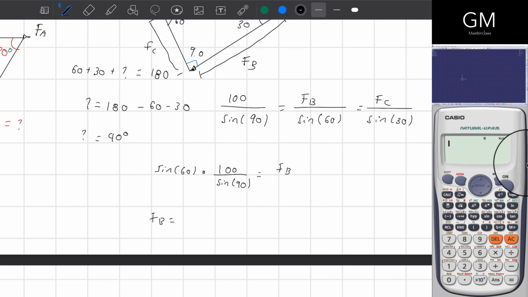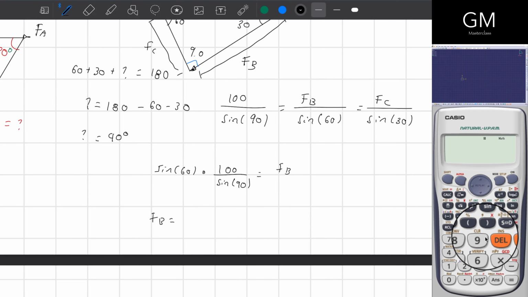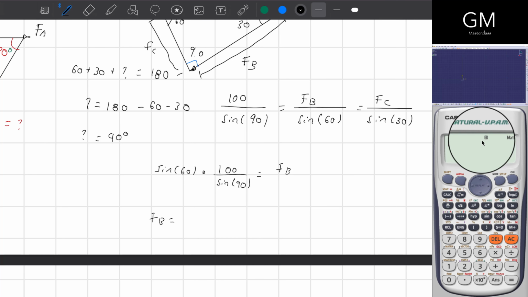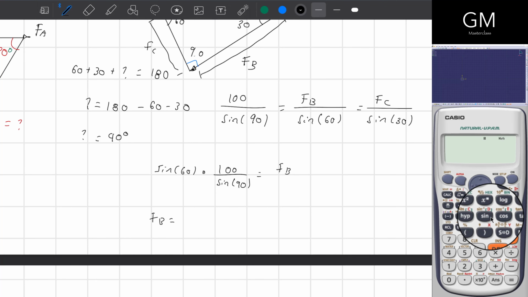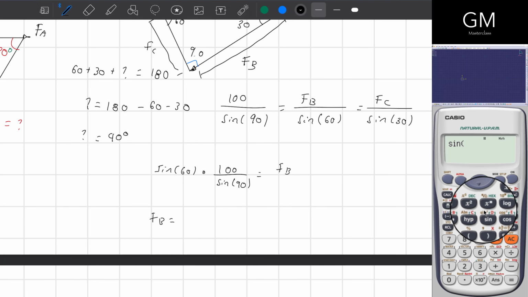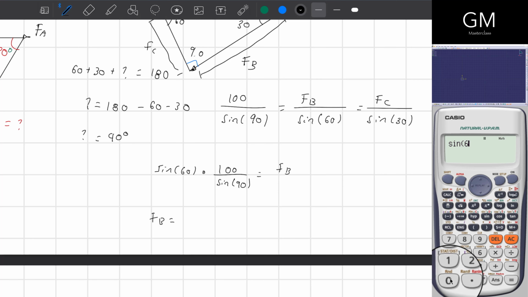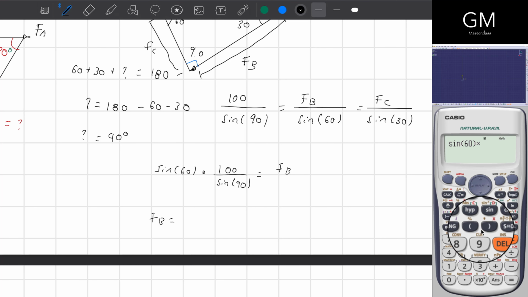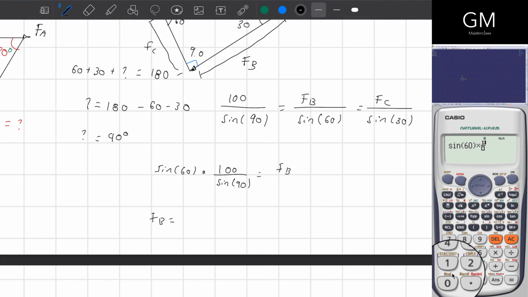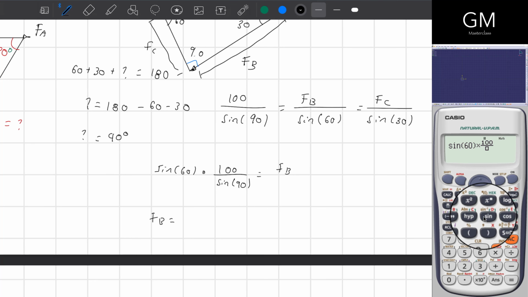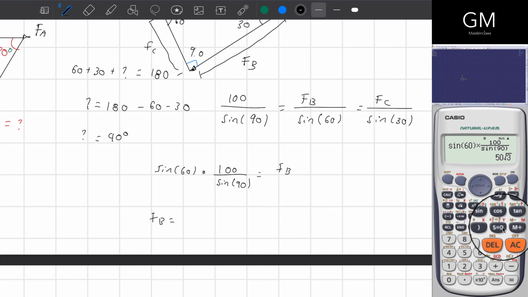is equal to, I'm going to use the calculator right now. I have to make sure that this calculator is in degrees. So sine of 60 multiplied by 100 divided by the sine of 90, and I have the magnitude of FB.